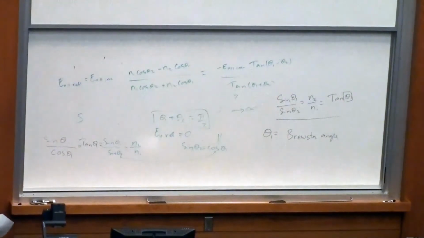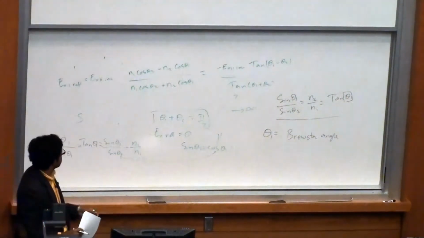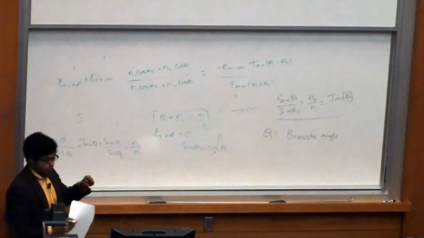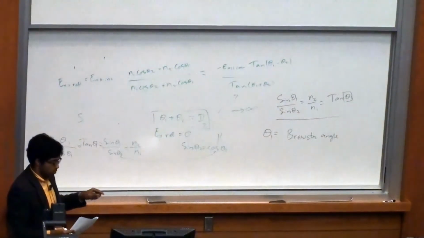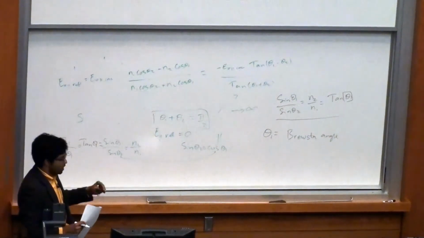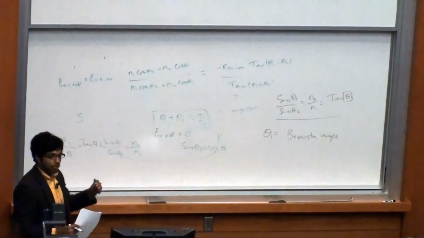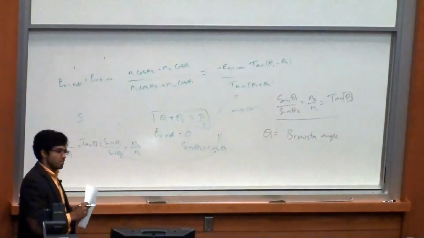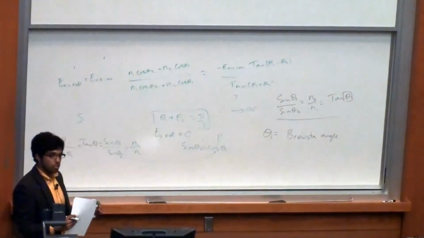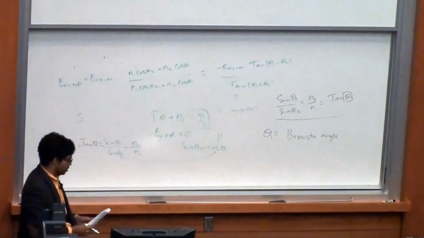So if you have light coming in at a certain angle and it reflects off at that angle, that particular angle is called Brewster's angle. At that angle you get 100% polarization, and anything deviating from that angle you still get polarization, but it's not at its maximum level.